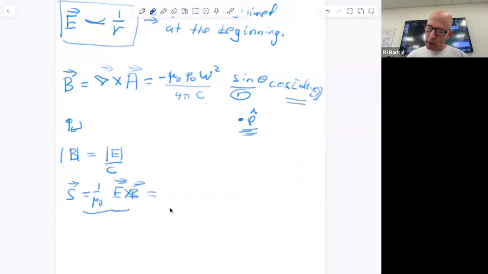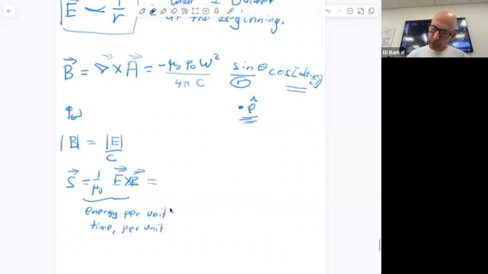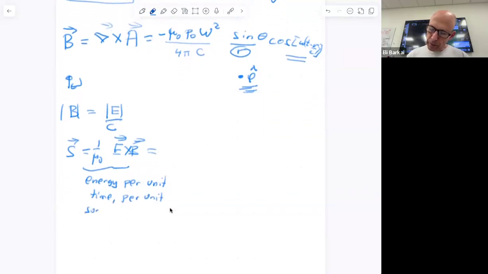I just want to remind you, this is the energy per unit time per unit surface. That is, the units are distance squared, flowing through R. So this is what I call the local flux.